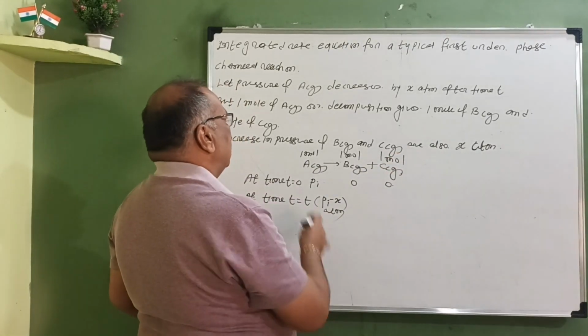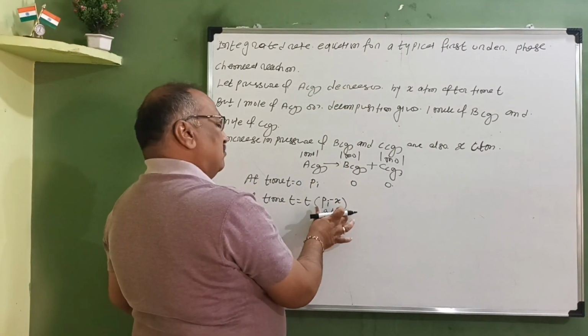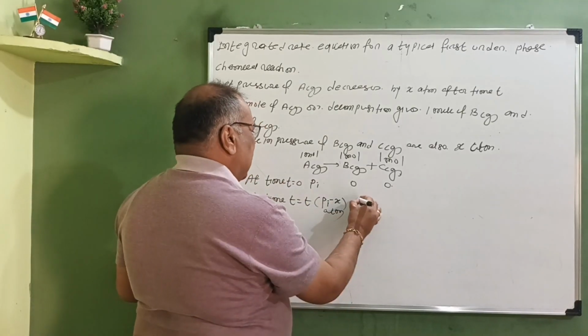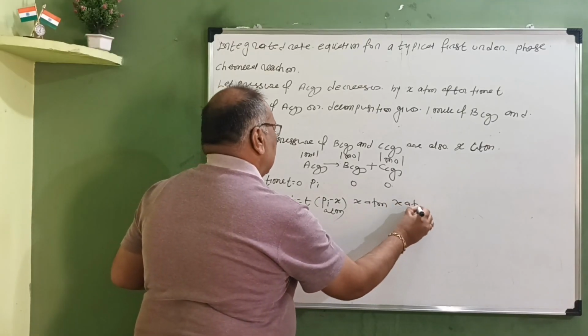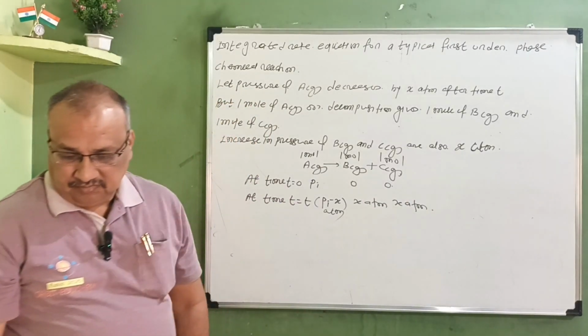As here pressure of A gas decreases by x atm, that means here this is also increased by x atm and this is also increased by x atm.